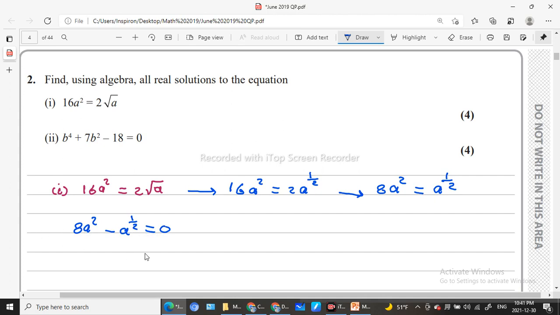Now factorizing, taking a to the half as a common factor: a to the half times 8, and a squared divided by a to the half is a to power 3 over 2, minus 1.